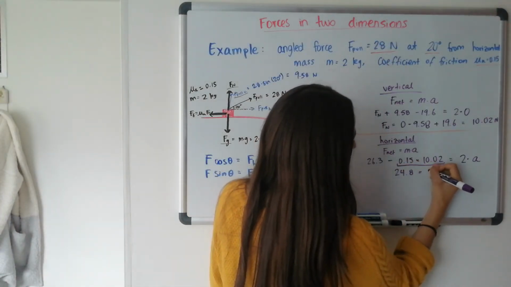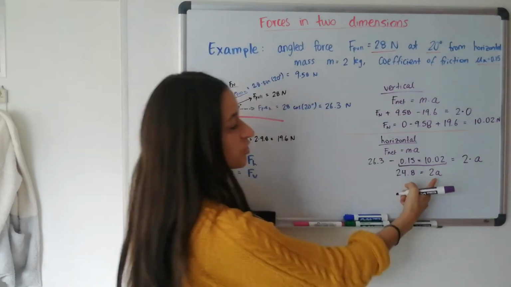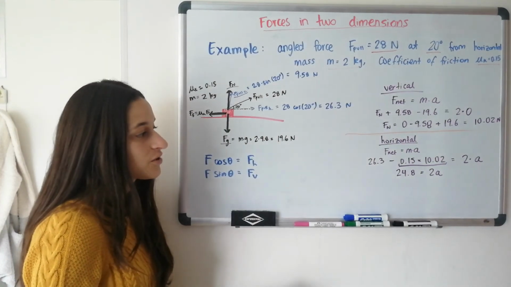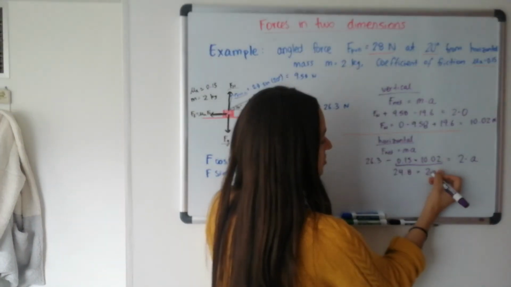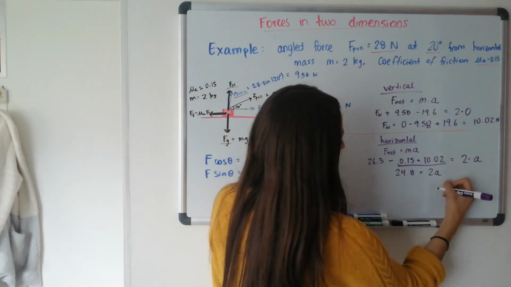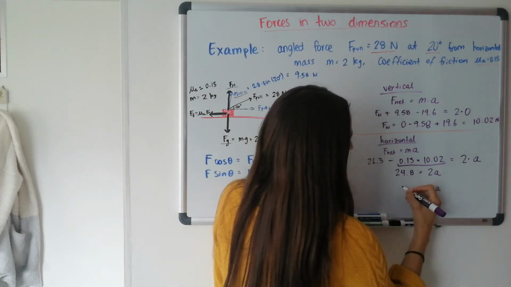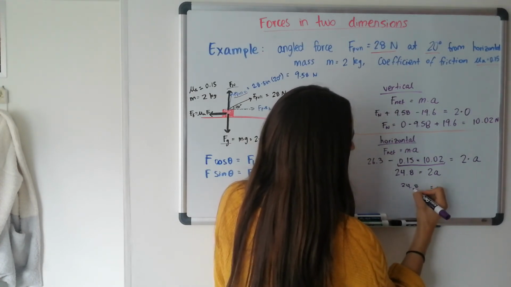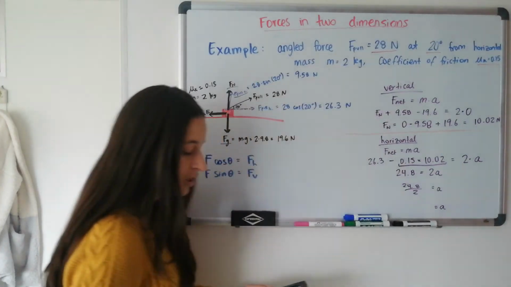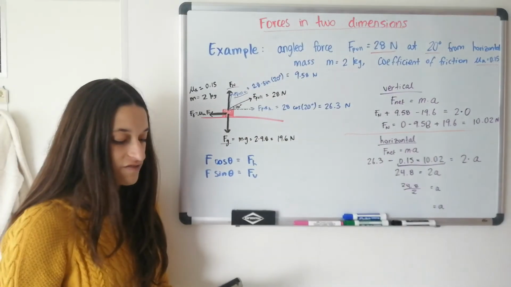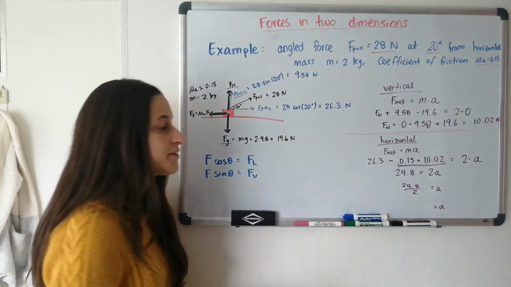So 24.8 is equal to 2a. To solve for the acceleration, we just need to divide by 2. This 2 is multiplying the a, so we pass it to divide on the other side. We get 24.8 over 2 for the acceleration, and the calculator gives us 12.4.